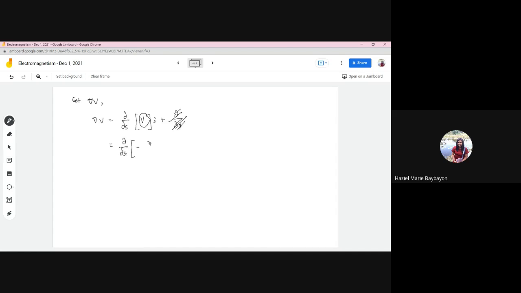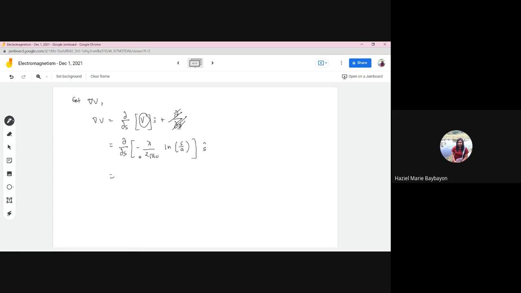So we have negative lambda over 2 pi epsilon naught, and then you have ln S over A. And then you have your direction here, S hat.